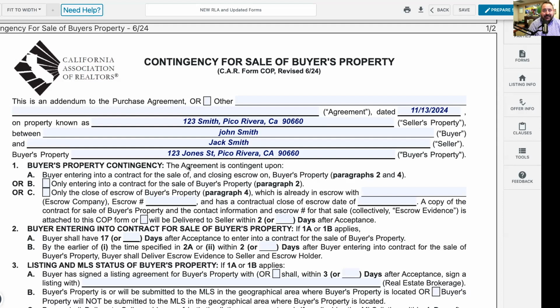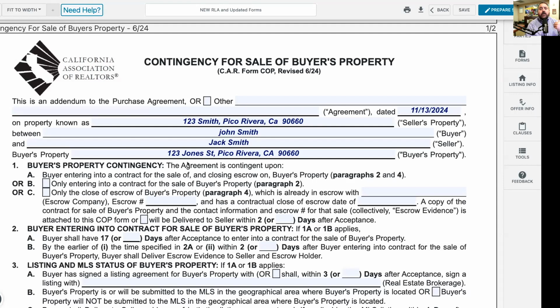Best practice is to sell their home first, put their down leg in escrow. Then that will give you a little bit more strength as a buyer because you've already sold the house. You've already entered into escrow. And then that way, the only contingency that you have moving forward is to close escrow.